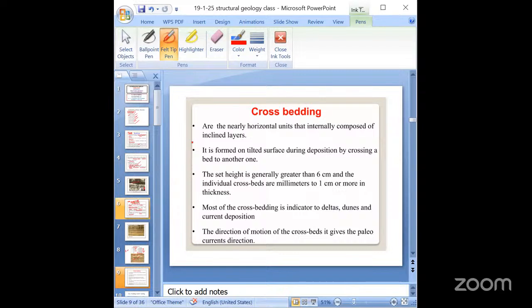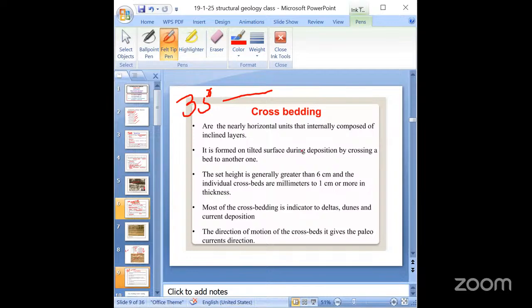Wind or water, and inclined at angles even up to 35 degrees from the horizontal, okay? And cross beds usually show a truncated top and asymptotic bottom, beds assuming some horizontality.